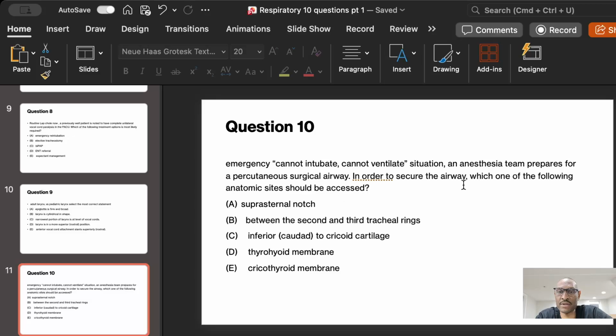In order to secure the airway, which of the following anatomic sites should be assessed? This one should be easy. Should be this. Okay. All right.